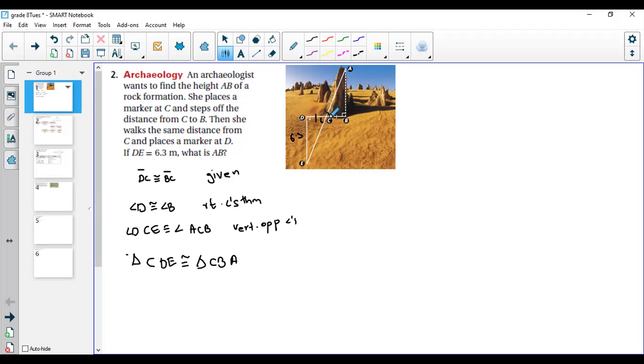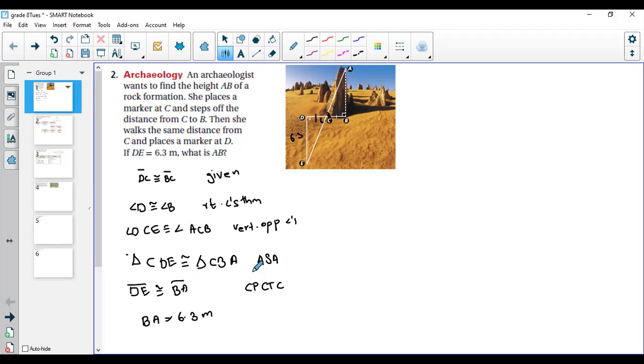What kind of theorem is that? That is ASA, angle side angle. Finally, now you could say DE is congruent to BA because of CPCTC. So BA is also equal to 6.3 meters.